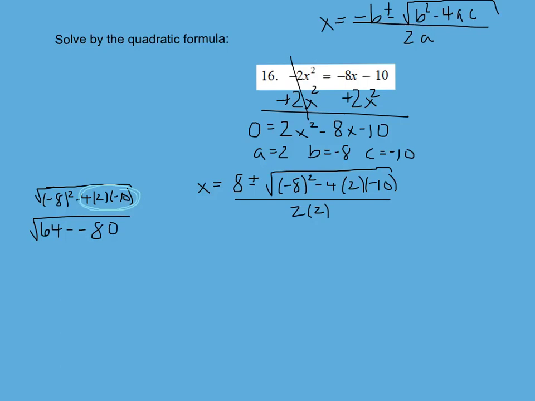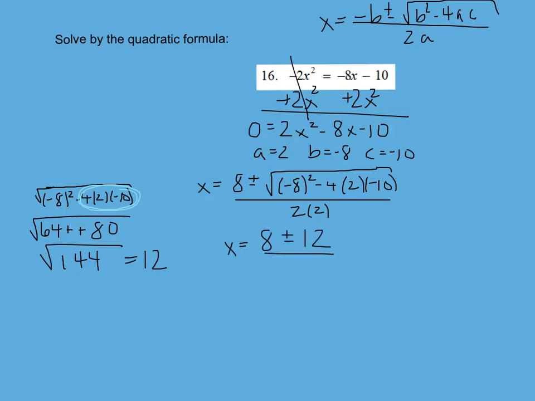And if I'm subtracting a negative, I'm really just adding. So 80 plus 64 gives me 144. And I know that the square root of 144 is equal to 12. So we can just swap out this entire radical for the number 12. So let's do that. Let's rewrite this.